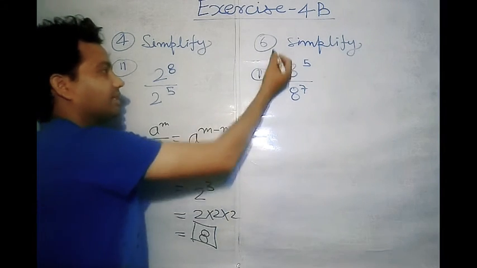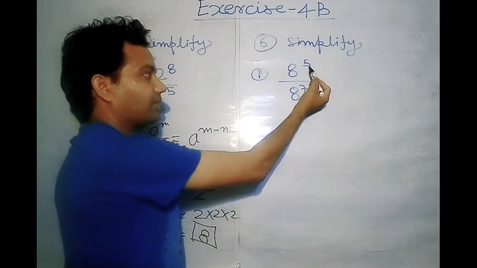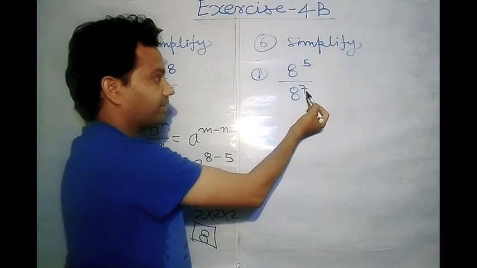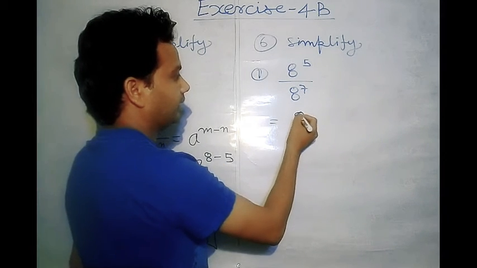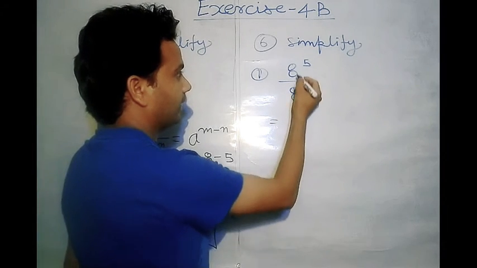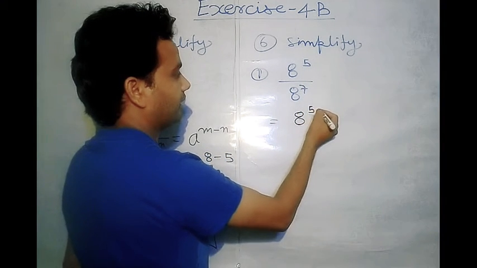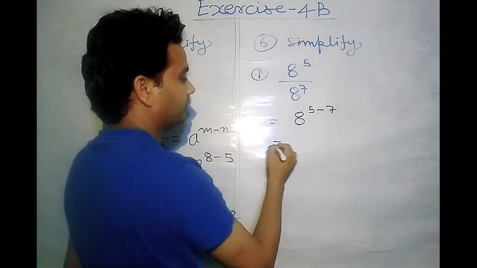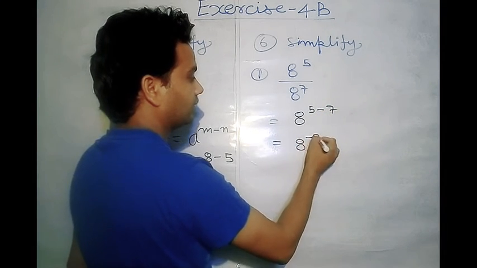Now question number 6 is also simplify. Sixth first part is 8 raised to the power 5 over 8 raised to the power 7. This is also similar, 8 raised to the power m minus n. The value of m is 5, so 5 minus 7 equals 8 raised to the power 5 minus 7, which equals minus 2.